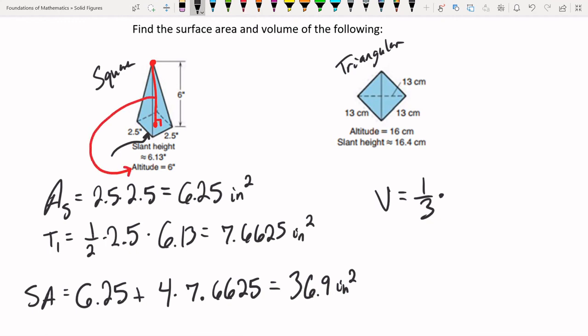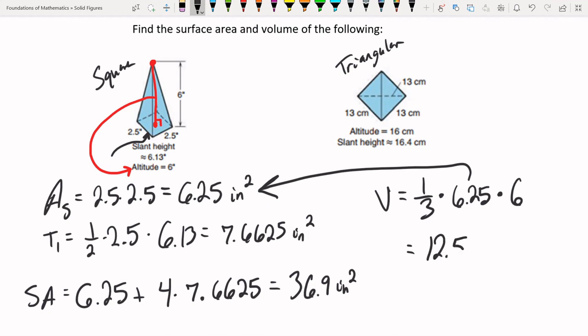So the base area is going to be 6.25. That's the area of the square, what we just found here. And the altitude is going to be 6 inches. So 1/3 times 6.25 times 6 gives us 12.5. And this is going to be in cubed units, so it's going to be inches cubed. And that's the surface area and volume of the square pyramid.